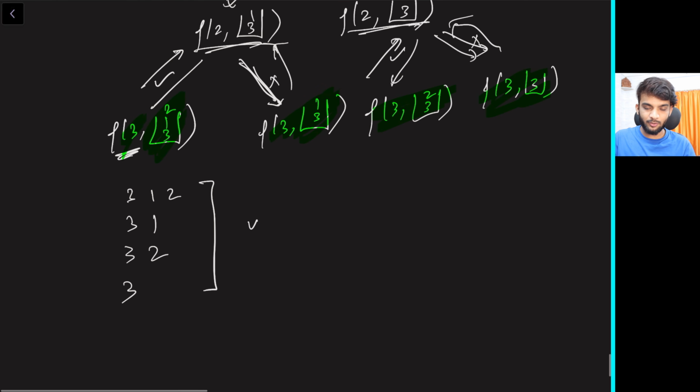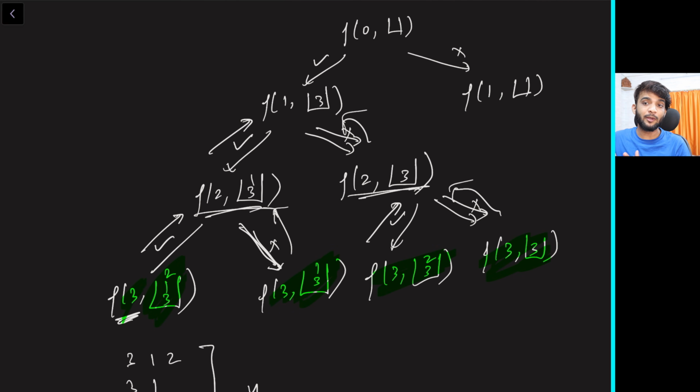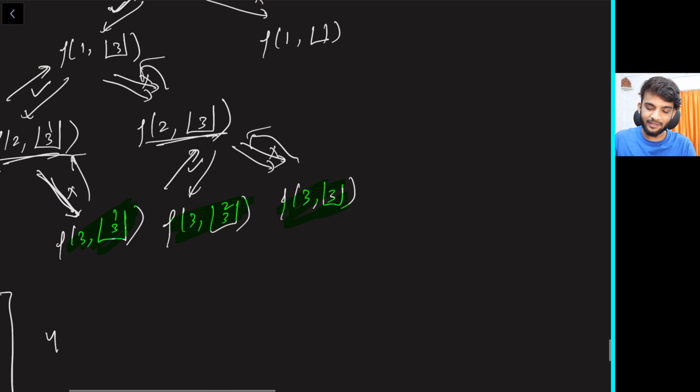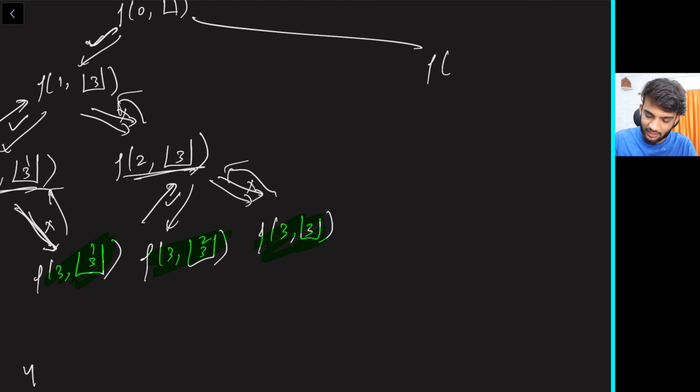So 4 subsequences have been printed, and if you realize, 4 subsequences were printed by taking the first element. Now the other 4 will be printed by not taking. So I can easily do it by not taking. That'll be an empty one. Again, you can decide to take the next index, f of 1 comma, that'll be 1.